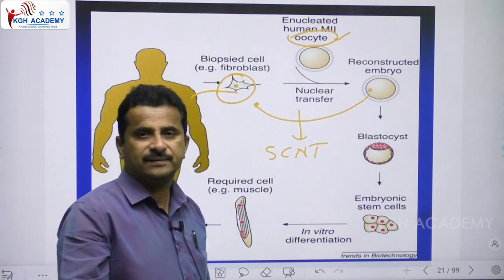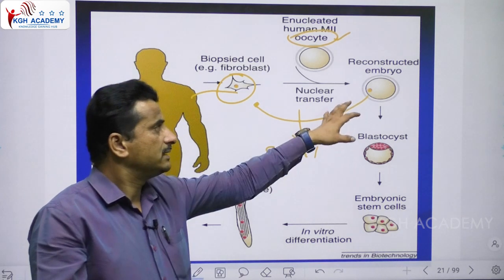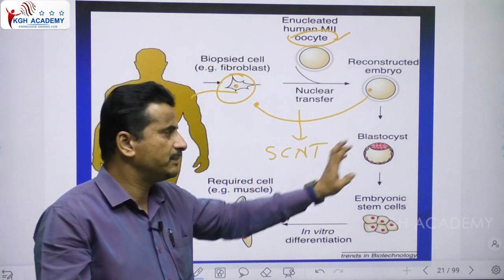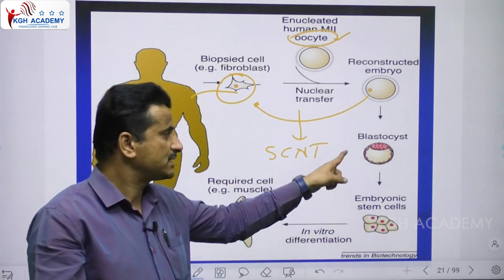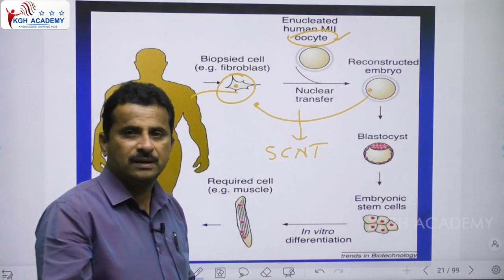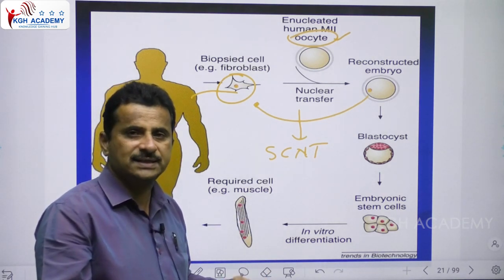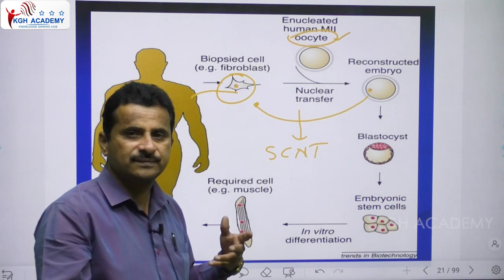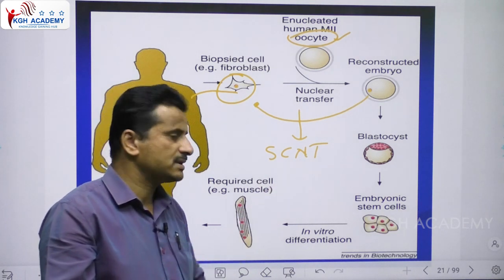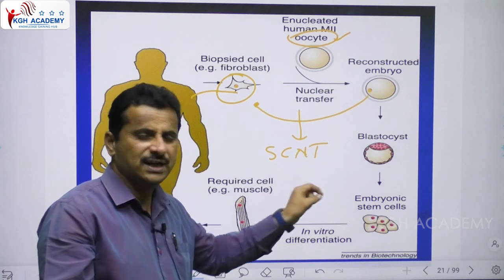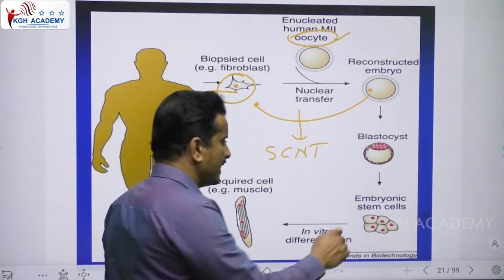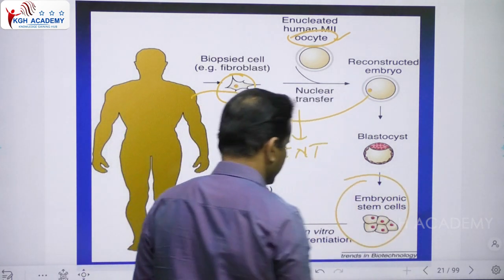So this is SCNT. And this embryo develops through 2 cell, 4 cell, 8 cell, 16 cell, 32 cell stage, and the embryo is called a blastocyst. From the blastocyst stage, we isolate embryonic stem cells.